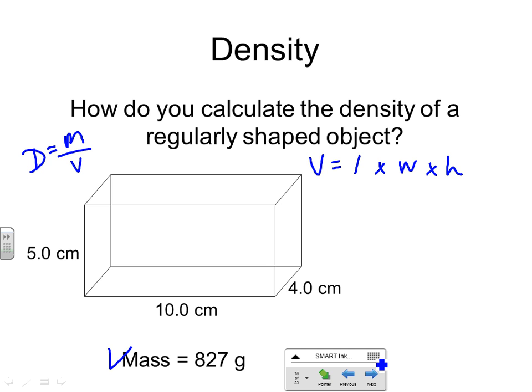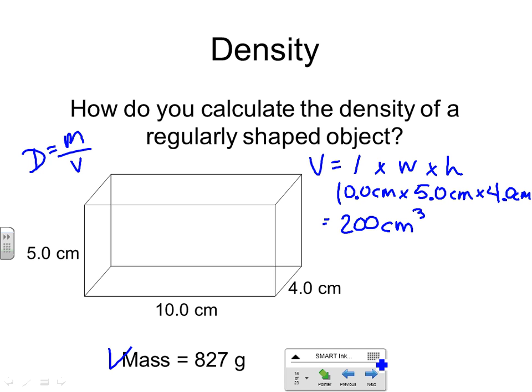So let's say our length is 10.0 centimeters times 5.0 centimeters times 4.0 centimeters. Whenever you calculate and you get the final answer here, you're going to record it to 200 centimeters cubed, because each of these centimeters times each other will give you centimeters cubed. And then let's check our sig figs. You can barely see my decimals here.